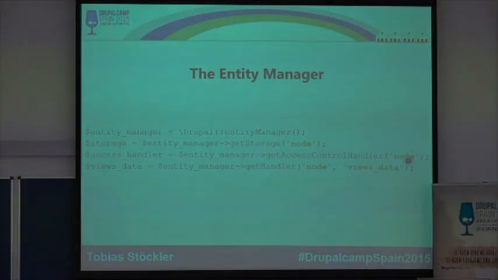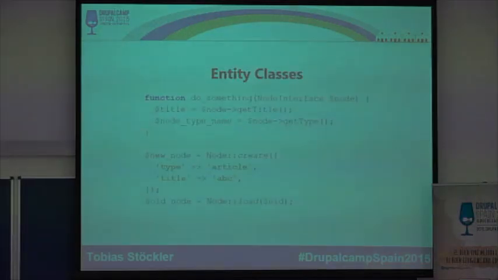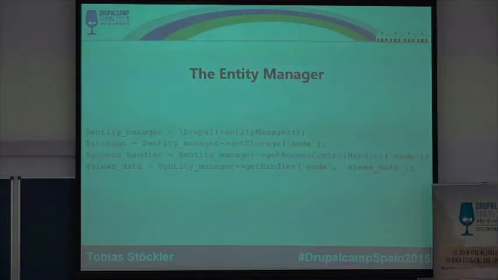This concept is actually extendable, so there's a generic getHandler method, which is interesting insofar as contrib can now introduce additional handler types. If, for instance, rules in contrib or search API or some other generic module wants an additional entity handler, they can just provide it, and then people can use this generic getHandler method, and everything still works. So that's kind of neat.